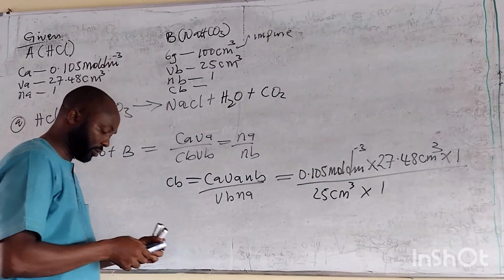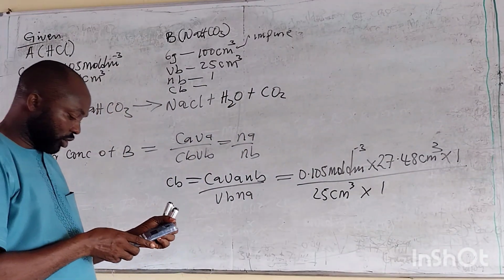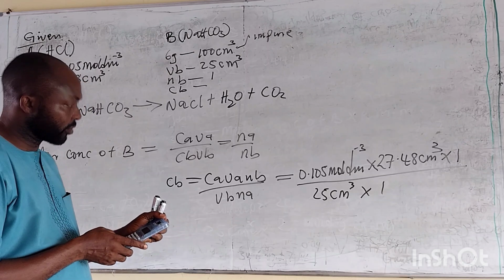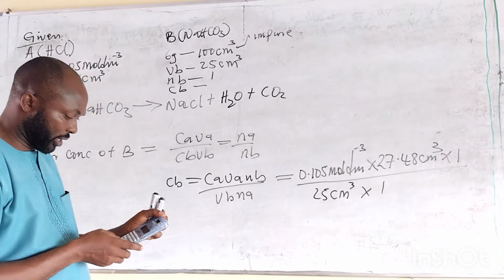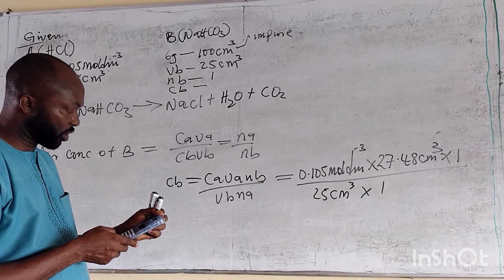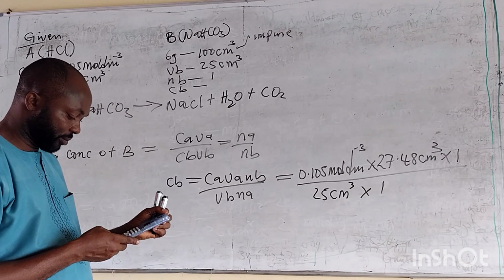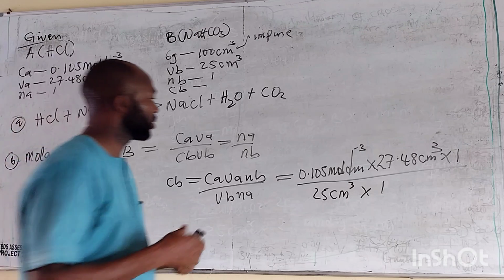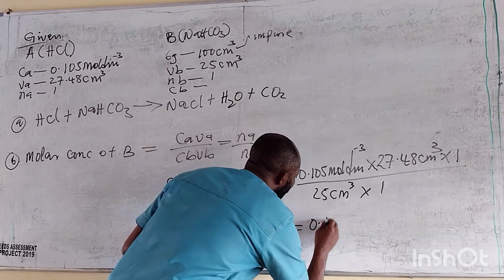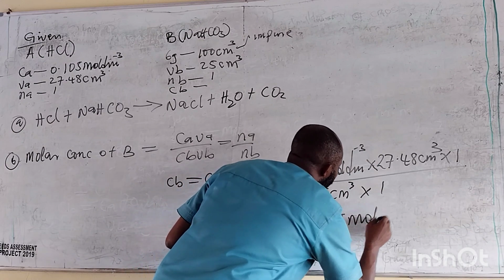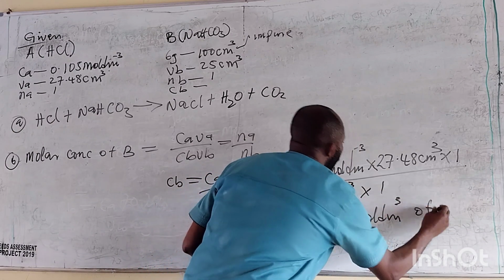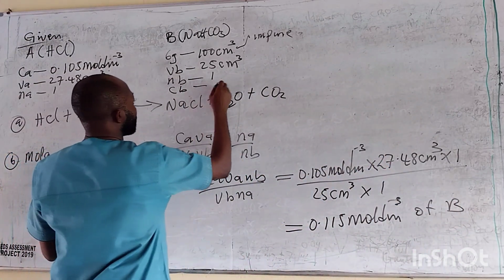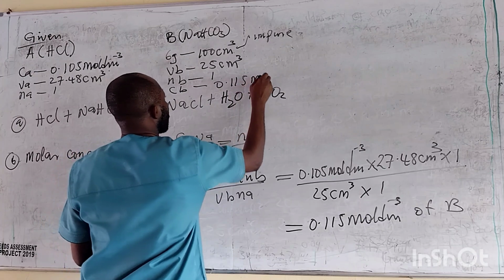So let's proceed. 0.105 times 27.48, divided by 25, is 0.115 mole per dm³ of B. So I come back here: 0.115 mole per dm³.